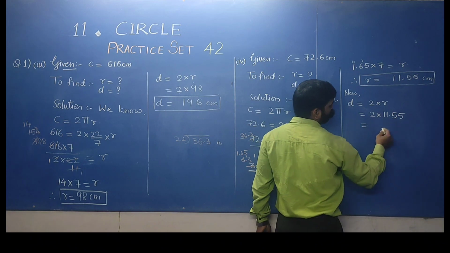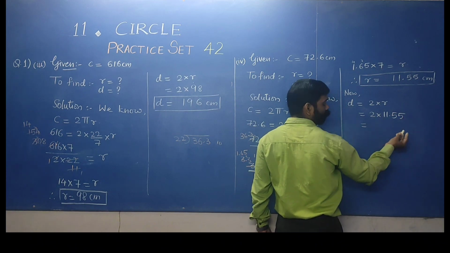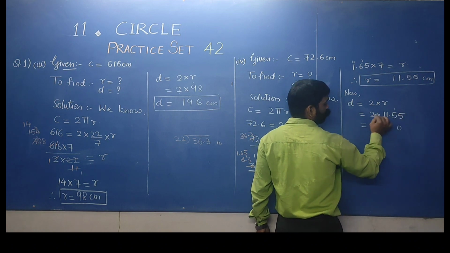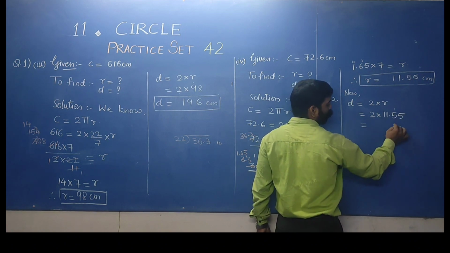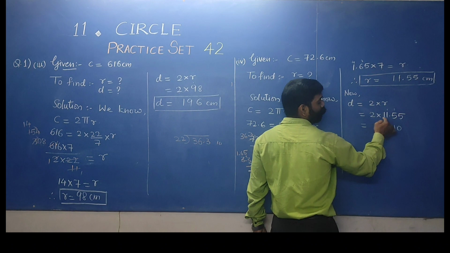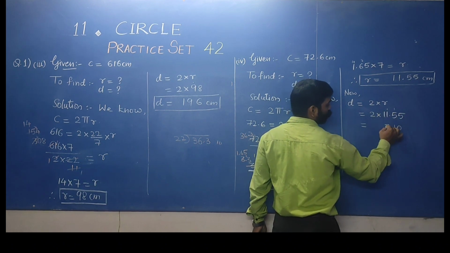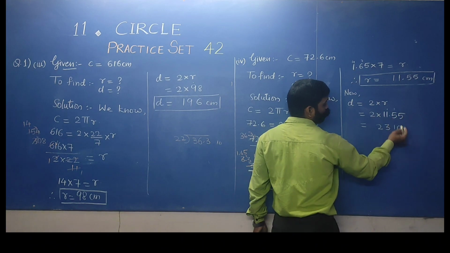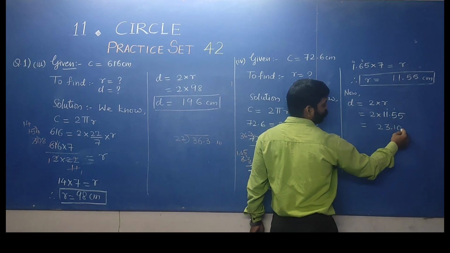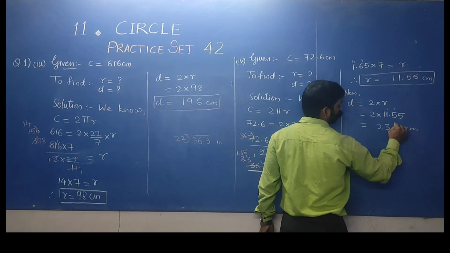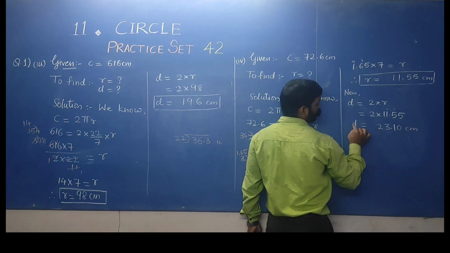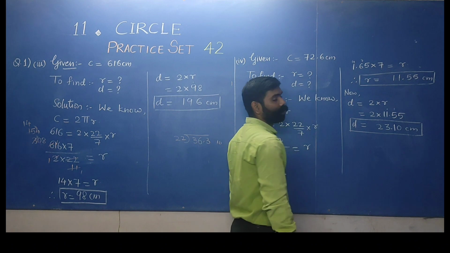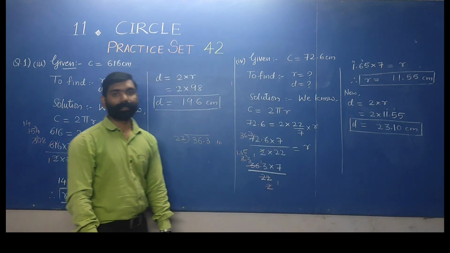So 2 5s are 10, carry 1, 2 5s are 10, 10 plus 1, 11, carry 1, 2 1s are 2 plus 1, 3, 2 1s are 2. And we are keeping the decimal point here, so we are going to get diameter as 23.10 centimeter. Take the screenshot students.